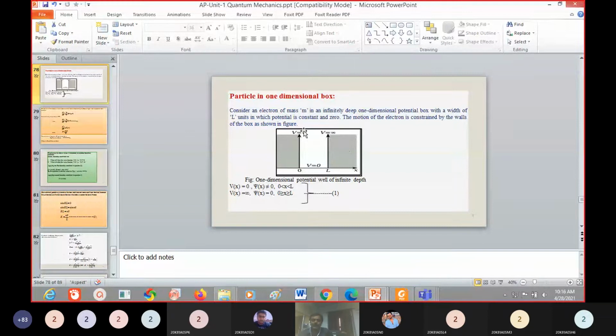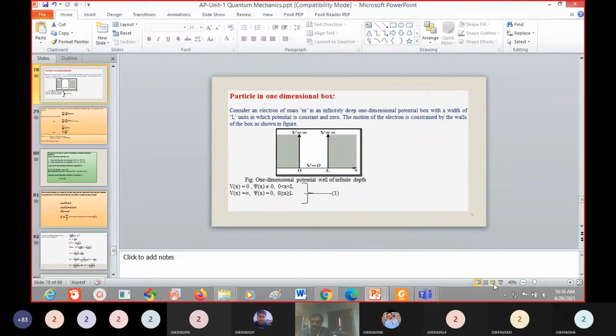So at the boundary we are taking the potential as infinite. At the starting point, x equal to 0, that position equal to 0, we take one boundary, and at that boundary the potential equals infinite.